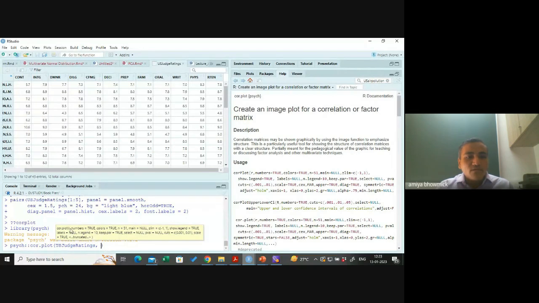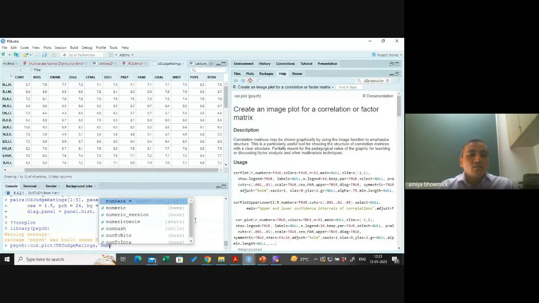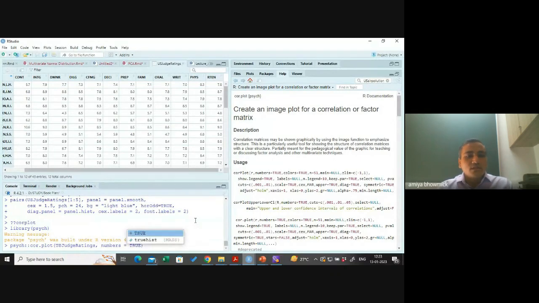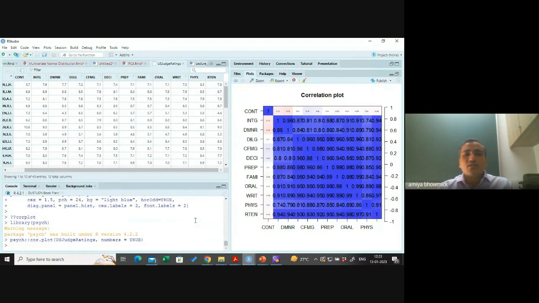We have got different things. And you put numbers equal to TRUE, there is an option. Just try to see what the basic plot is that is coming. This is the basic plot, and you see that there are a whole lot of correlations, like there is a multiple correlation of 0.96, right?